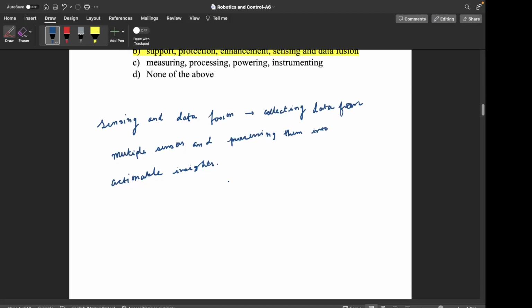So again, this is also a sort of enhancement, but not a physical enhancement in terms of how much information that we have. So basically, enhancement of information availability, right?